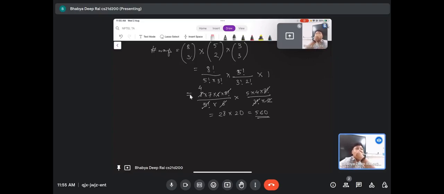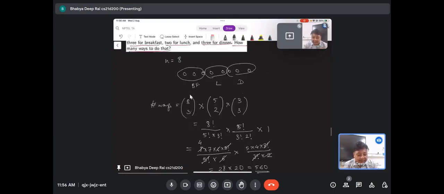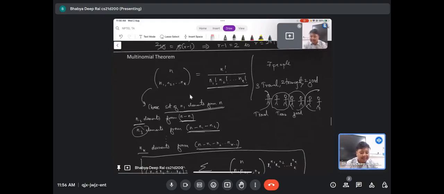So this is one way to do it. Or I have a more straightforward way using multinomial coefficients. See that this question is no different from the small example I showed you about the people. This transport, 3 travel, 2 transport, 2 food, right? Which is nothing but choosing a set of n1 elements from n, and choosing n2 from whatever remains, and so on.